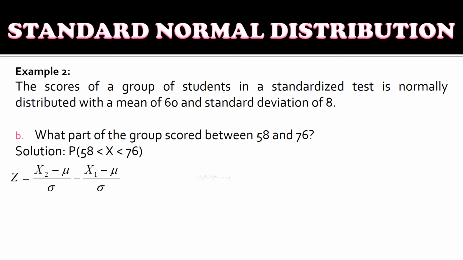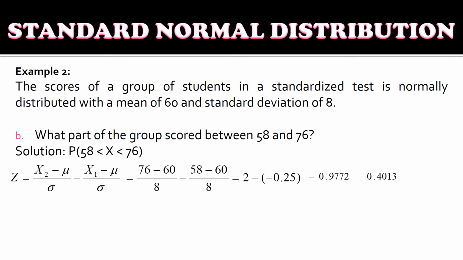And then we just have to write that. So 76 minus 60 divided by 8 minus 58 minus 60 divided by 8. So we would have 2 minus negative 0.25.